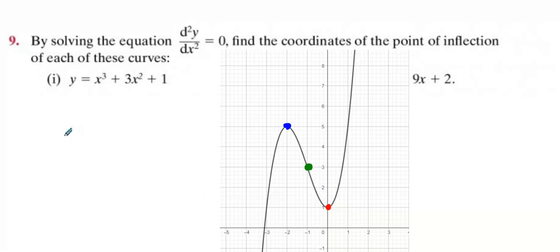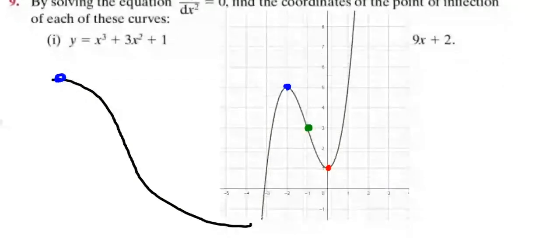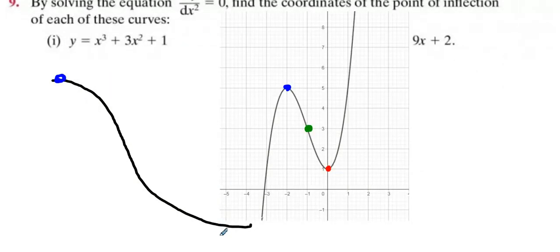Now to accentuate what I'm talking about, it looks something like this. I'm just going to make it a bit more extreme looking, all right? So imagine that's your blue point and that's your red point. And imagine you're going skiing, all right? A point of inflection is, see the way the curve is bending outwards, yeah? And then at this point, it's bending inwards.